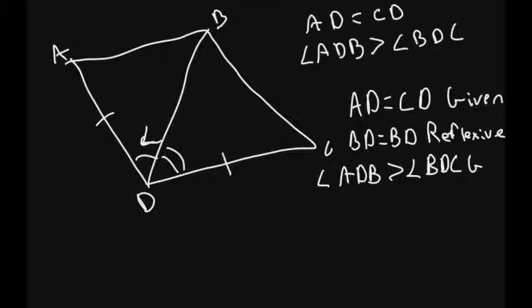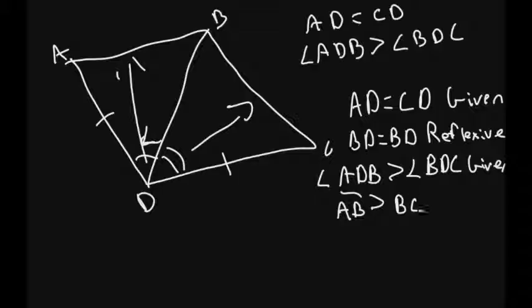That was given. So that means that AB has to be greater than BC based on the hinge theorem.